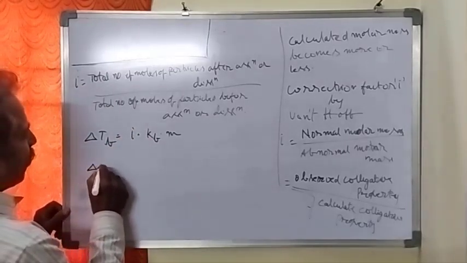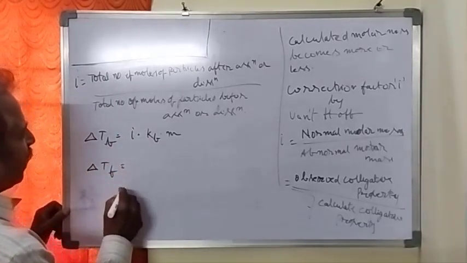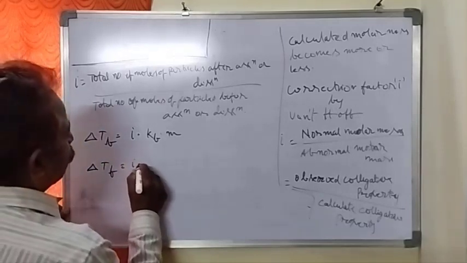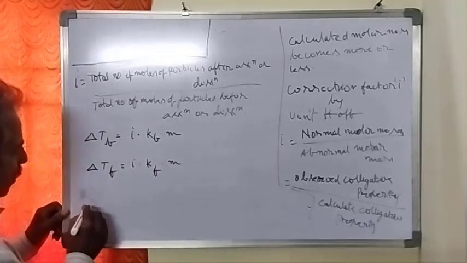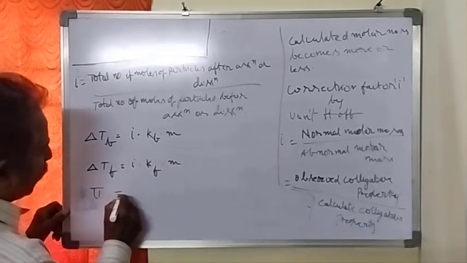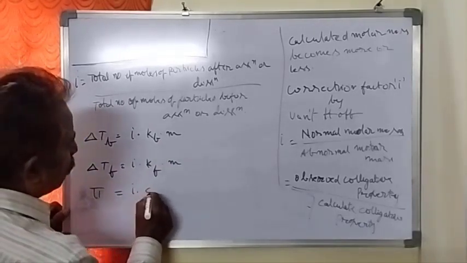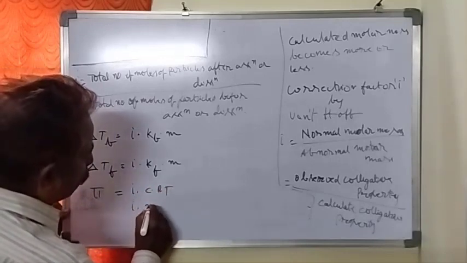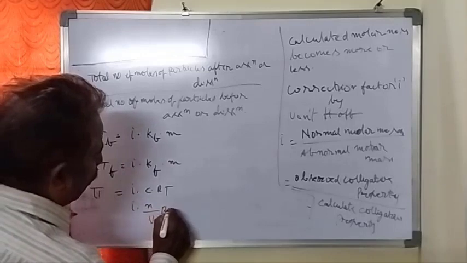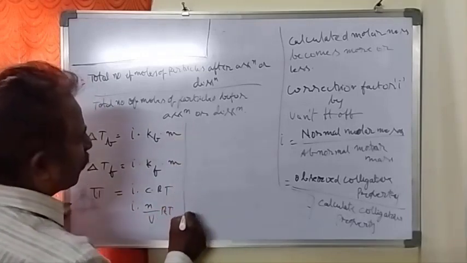Similarly, regarding the depression in freezing point, delta TF equals i into KF into m. Similarly, pi, the osmotic pressure, is i into CRT, where C equals n by V, RT. So this is osmotic pressure.